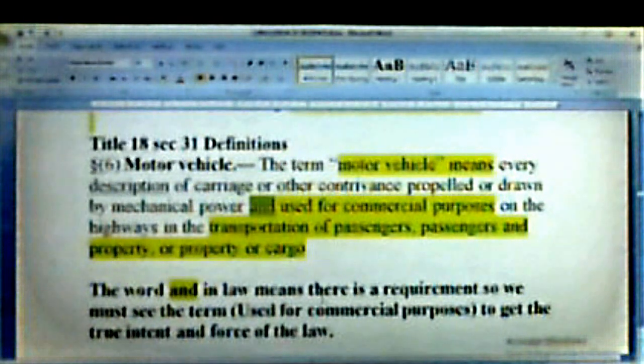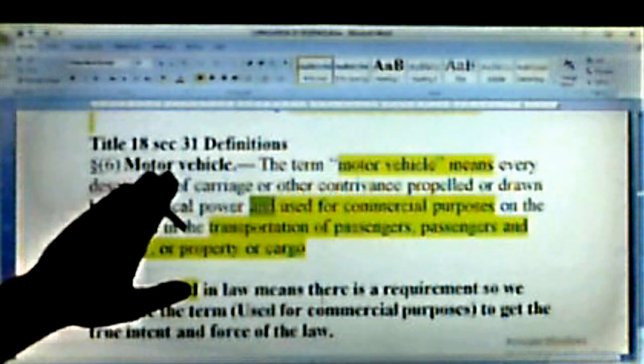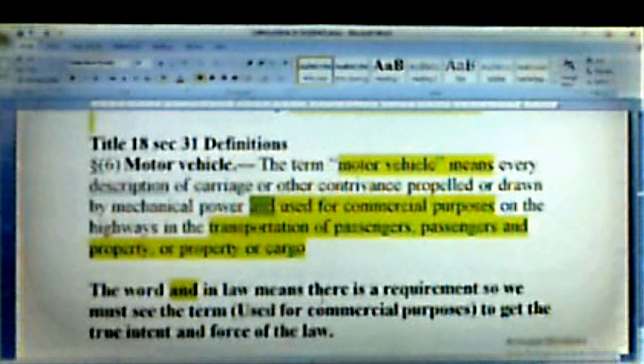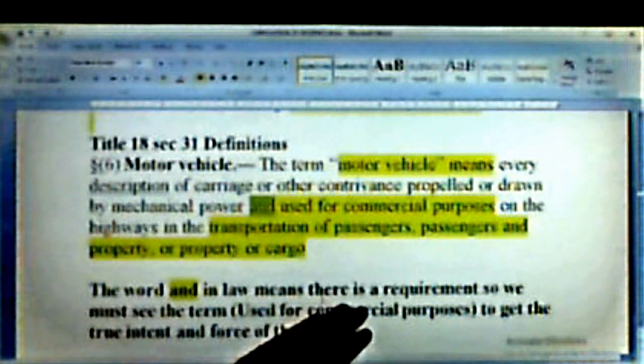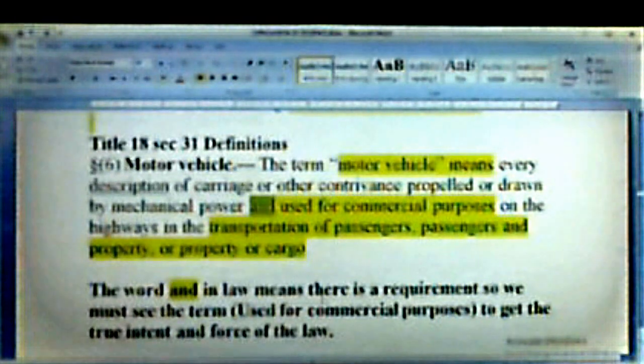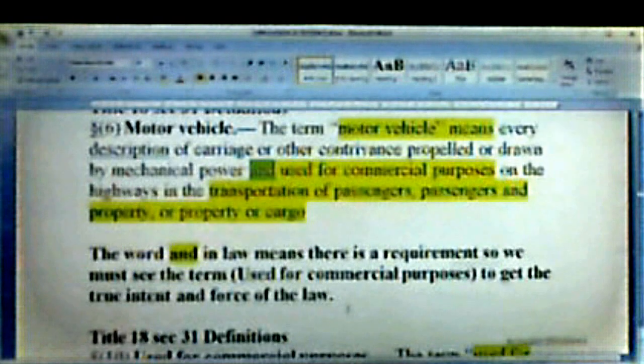The word and means there's a requirement to something being a motor vehicle. It means it's required, it's not optional. They have to show a commercial use before they can say it's a motor vehicle. Okay, the word and in law means there is a requirement. So we must see the term used for commercial purposes to get the true intent and force of the law.